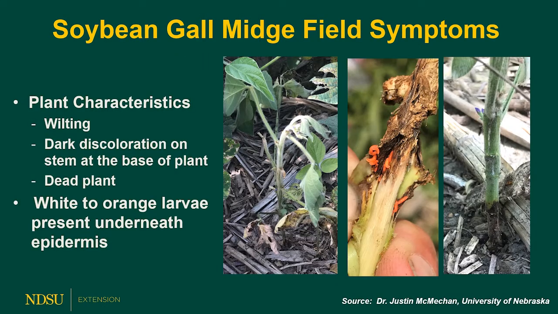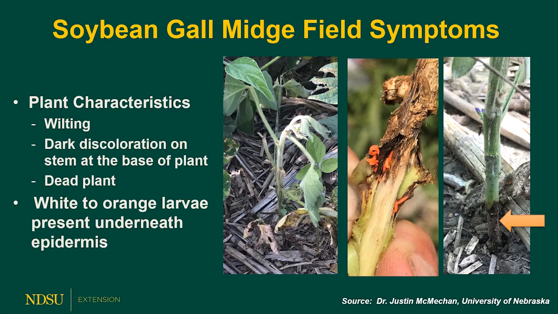For field symptoms to look for soybean gall midge, look for wilting soybean plants in the early vegetative stage. Later on, you may see stem darkening, usually near the base of the plant, but it can be found further up on the stem as well.